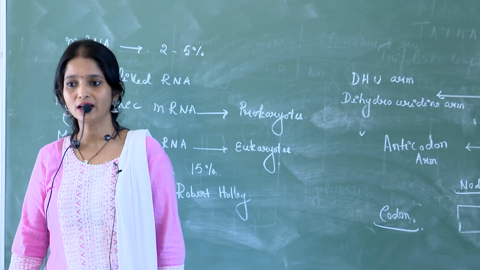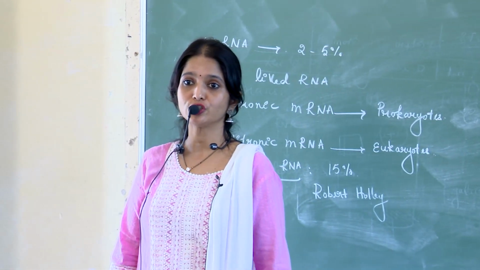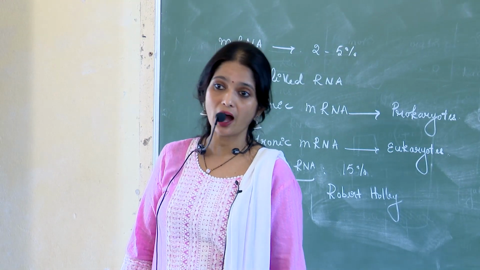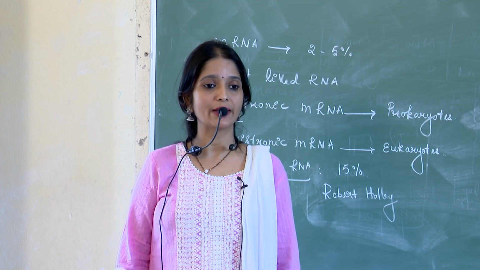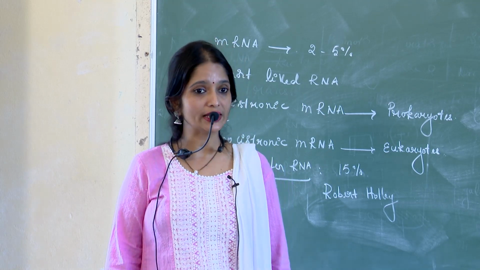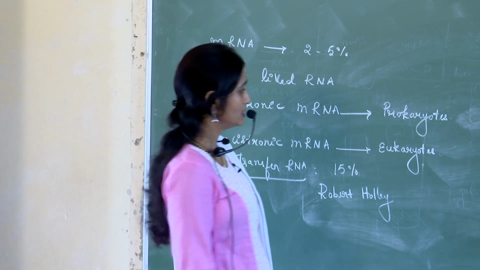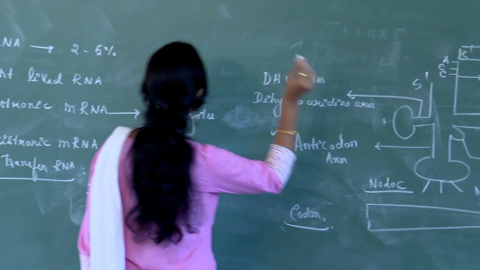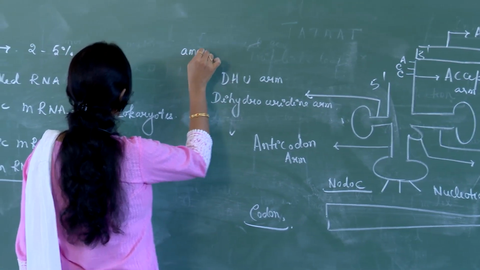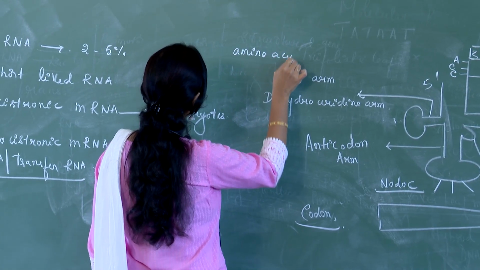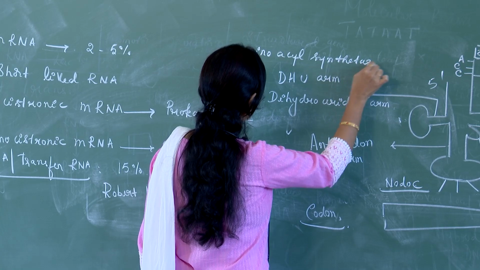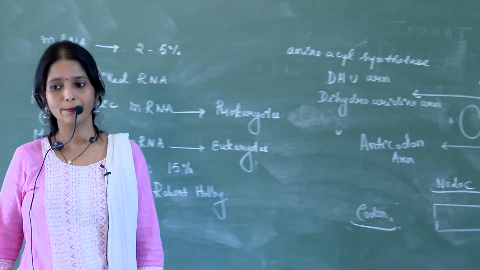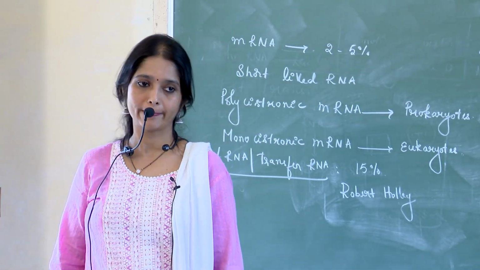Now what is the function of this arm? This arm binds to one enzyme and that enzyme is the amino acyl synthetase enzyme. So which enzyme does this arm bind to? It binds to the amino acyl synthetase enzyme, right?